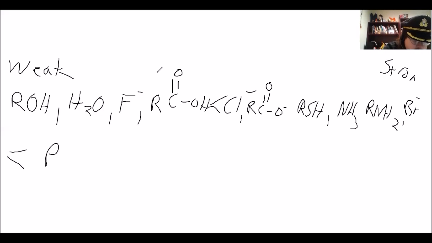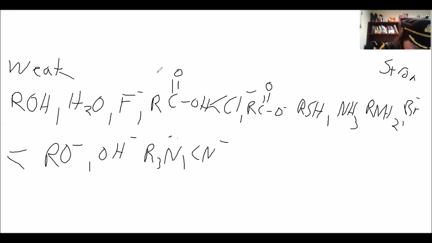Then we start to get more charge. RO minus, so alkoxide, hydroxide, tertiary amine, cyanide, what's that? The alkynyl anion, iodide.